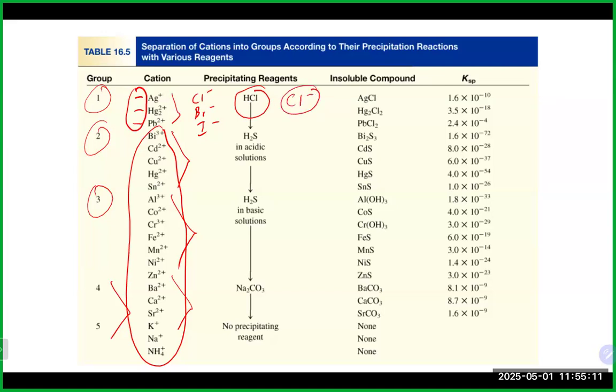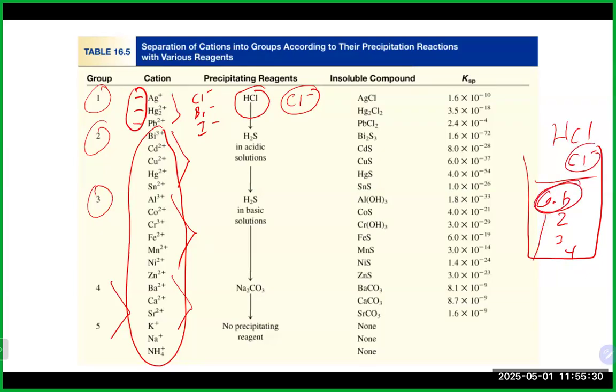So when you would do a precipitation like this or an experiment like this, and you wanted to get group 1 out of your beaker, and you had a mixture of, say, group 1, 2, 3, 4 ions in there, you could add HCl, and that chloride will react with all those group 1 ions and precipitate them out. This is essentially selective precipitation like we just did in that last example.